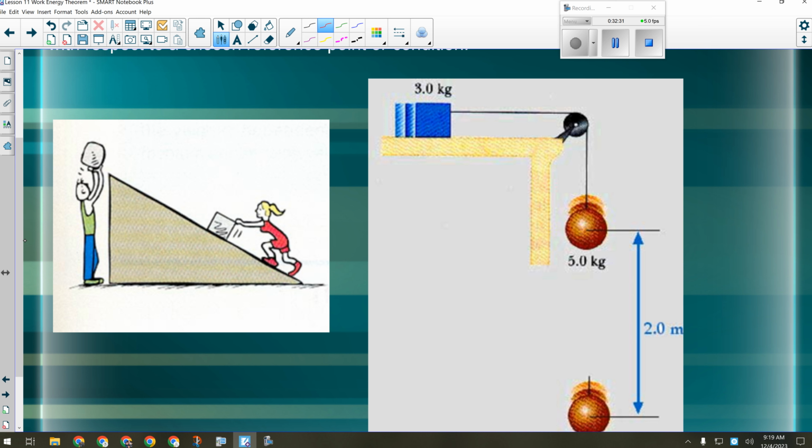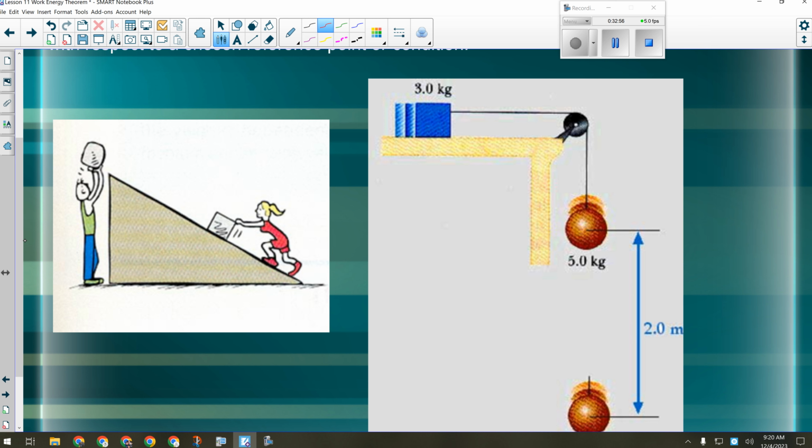Potential. And it's actually only in one part of the system, isn't it? Because the block is sitting on the table. It can't fall. Only the ball can fall. So only the ball actually has potential energy, but because the ball is connected to the block, the system has potential energy.